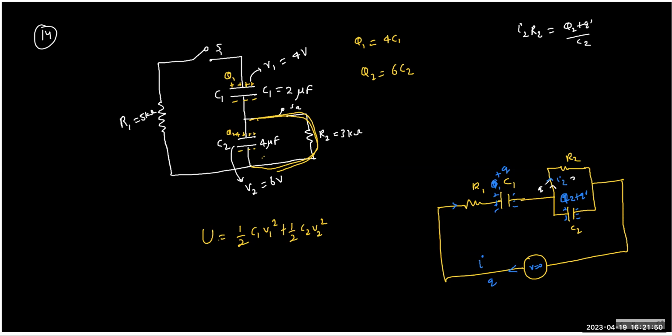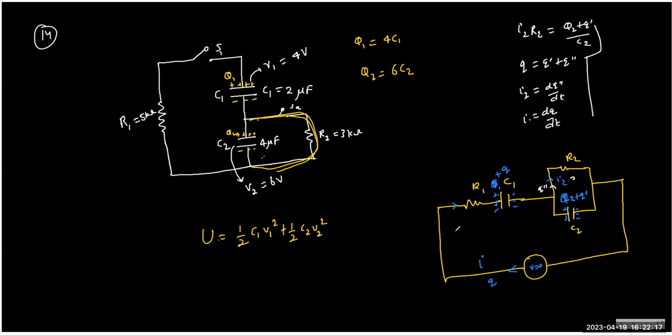And this you can say Q double dash, so that Q is Q dash plus Q double dash. I2 is dq double dash by dt, and I is dq by dt. So these are the set of equations we get in the circuit.